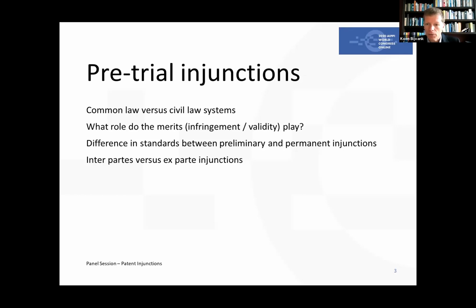So for the Netherlands, for instance, we have that in our law now, and it has been used in a few instances, for instance, where the manufacturer has been injuncted in a full merits case, and then there is a wholesaler who continues to deal in the infringing product, and clearly, they were not a party to the merits case. So technically speaking, they haven't been heard, but the same arguments would apply, and the courts sometimes have granted ex parte injunctions. But at least in the Netherlands, it's very unusual and very rare.